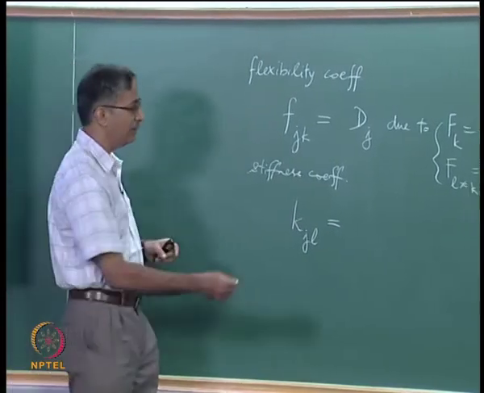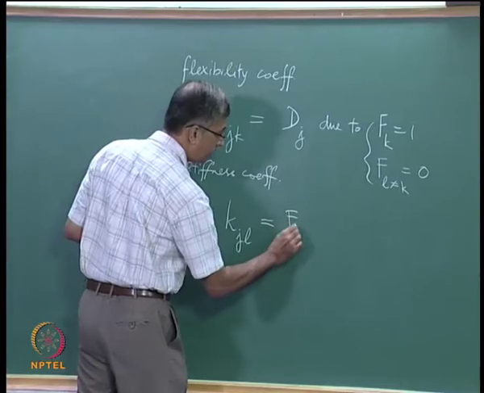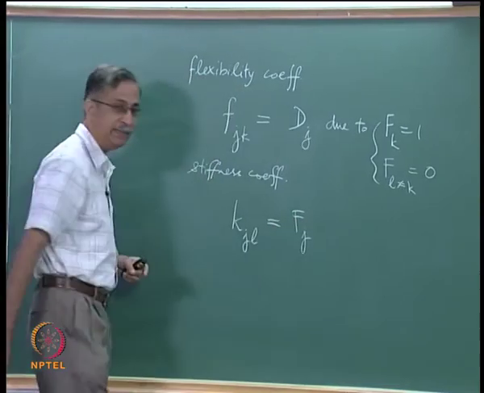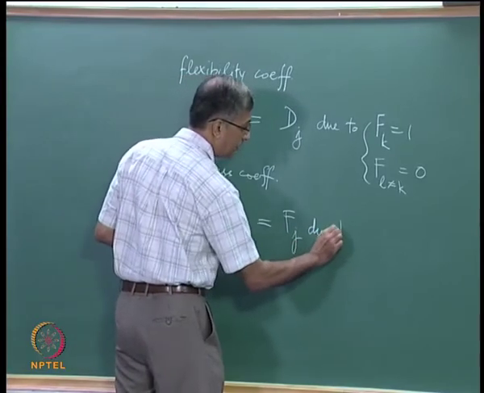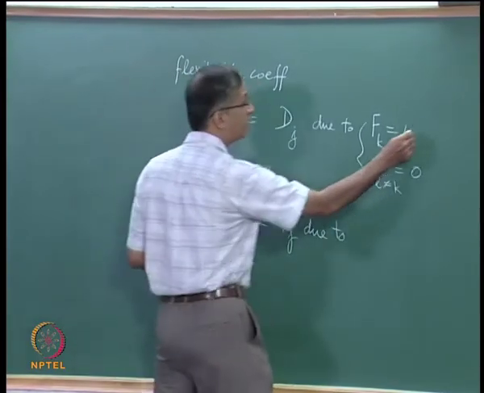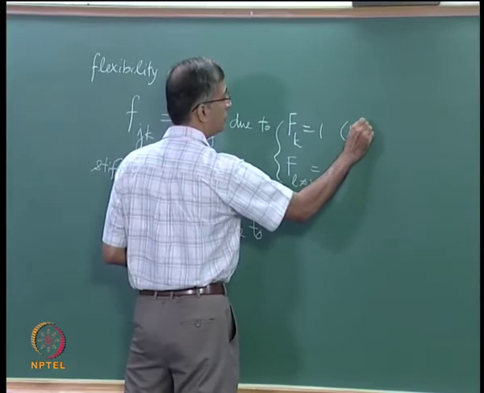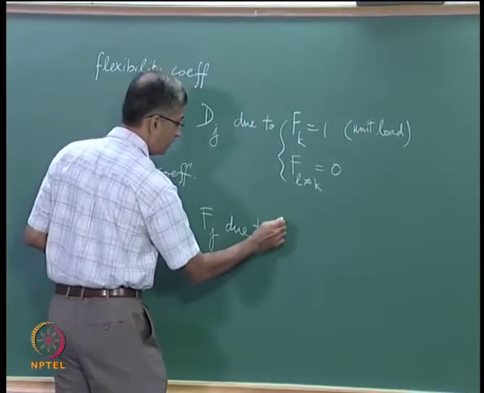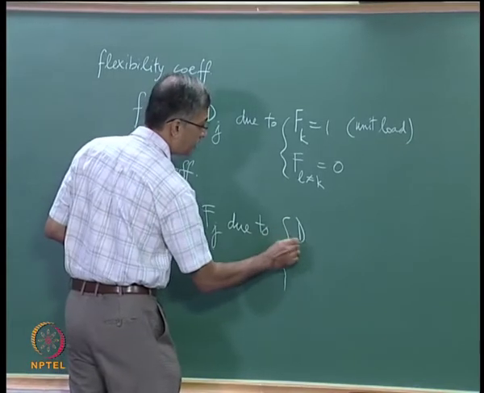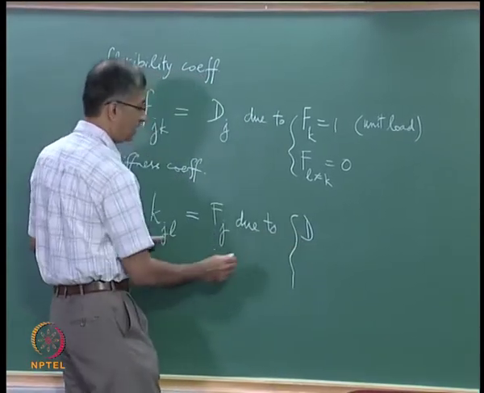What is this? This is the force at the location j due to a unit displacement. So here we have a unit load or unit force, whereas here we have a unit displacement at this location.